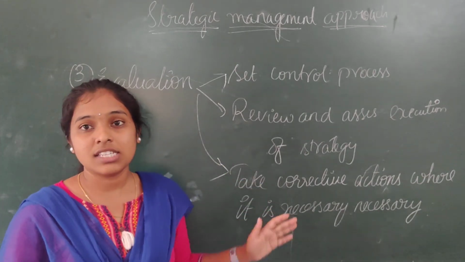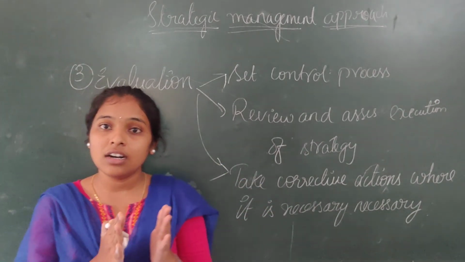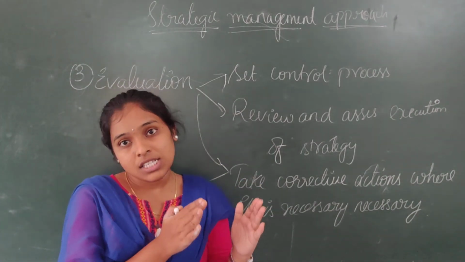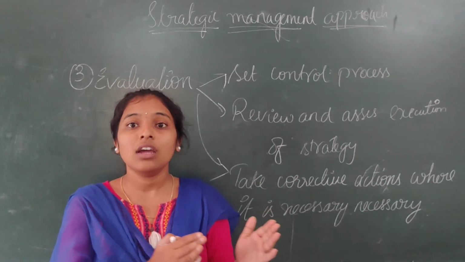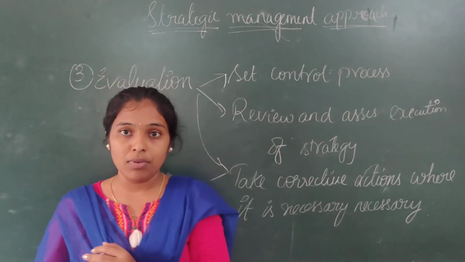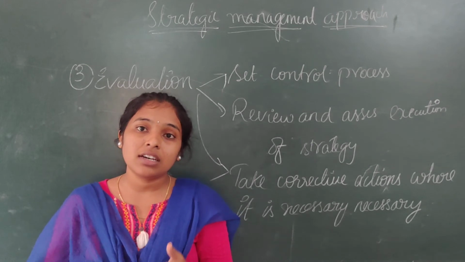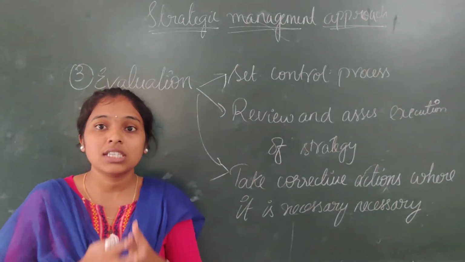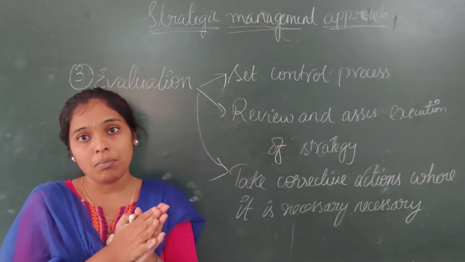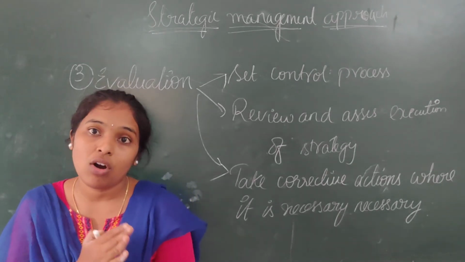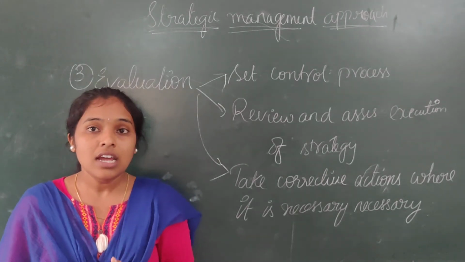So in the organization we have to take a corrective decision to sort out that problem. We have to implement correct strategies to sort out the problem and also to develop the organizational goals and objectives.